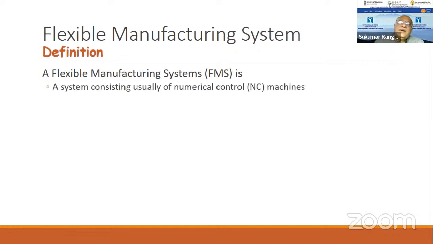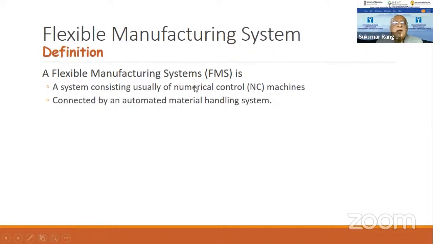So a flexible manufacturing system is a system consisting usually of numerical control machines, computer numerically controlled machines, connected by an automated material handling system. Nobody handles the material in between. It is loaded initially, and then the material handling is done by the machine itself from one operation to the next operation.